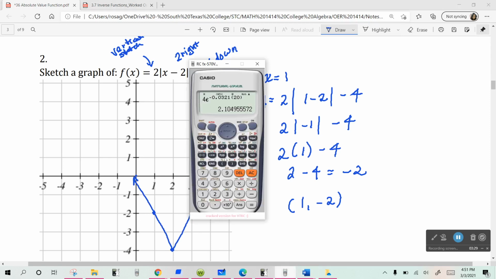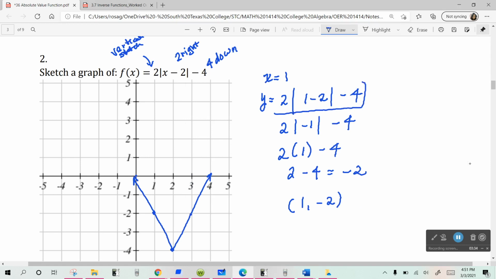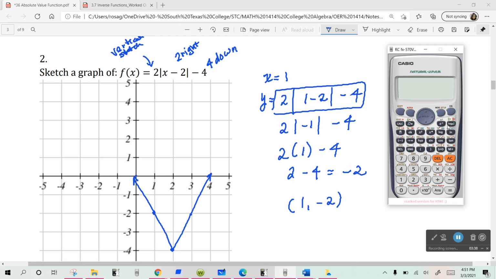It's worth noting here that when I plugged it in, I could have done this in the calculator. Let me show you. The Casio has the absolute value right here. So it's going to be shift and this one. And it looks like that.